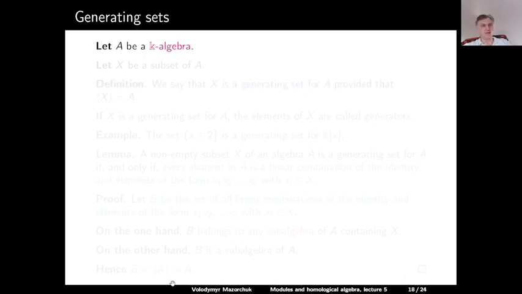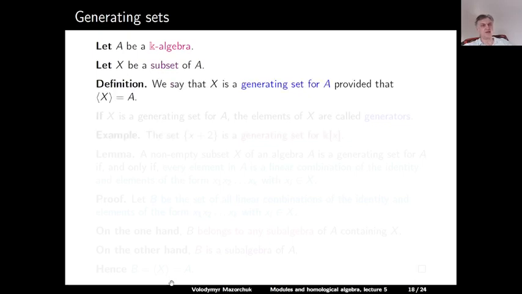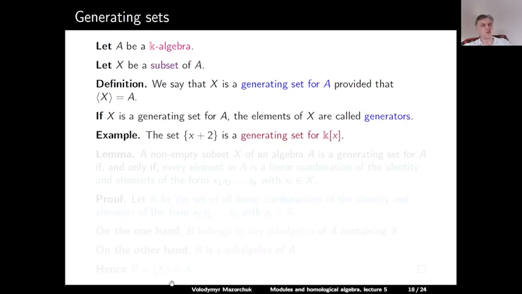Let A be an algebra and X a subset of A. Definition: we say that X generates A, provided that the subalgebra of A generated by X coincides with A. And if X generates A, the elements of X are called generators of A. So for example, the set consisting of the polynomial X plus 2 is a generating set for the algebra of all polynomials in X. Any polynomial in X can be written as a polynomial in X plus 2.